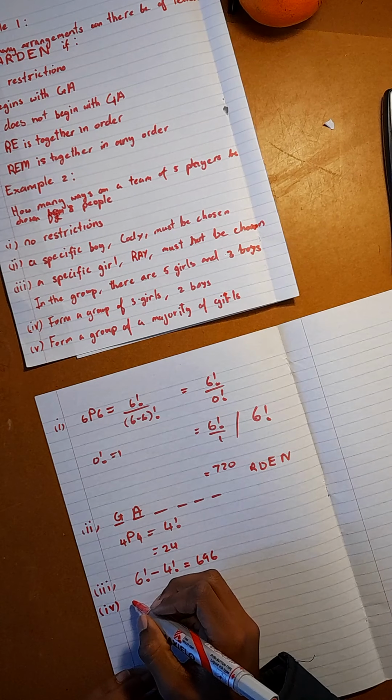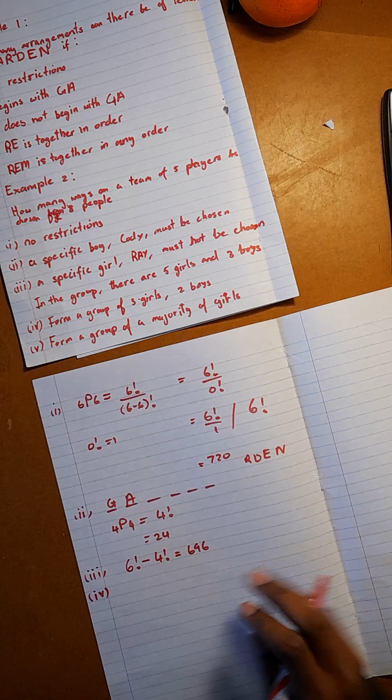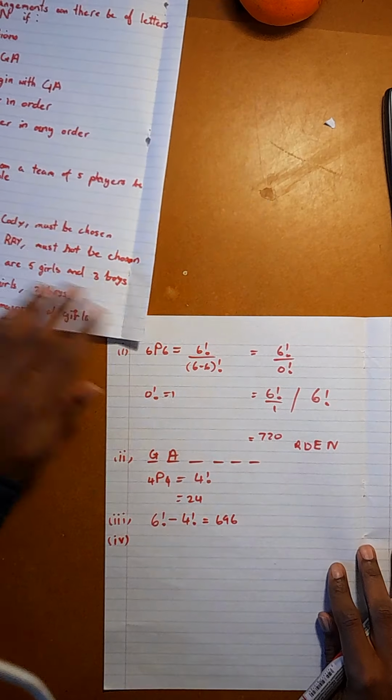Okay. Part 4. It's asking how many arrangements can we have if R and E are together in order. So there are 2 things to note there. R and E are together, and they're in order. So that means R and E, we can regard them as one letter or as one symbol.